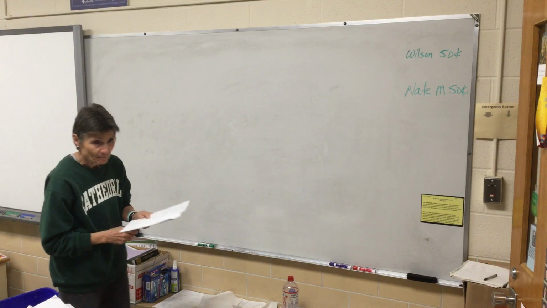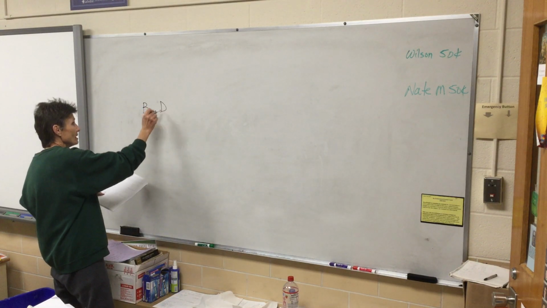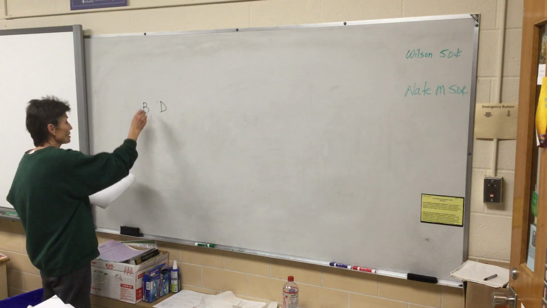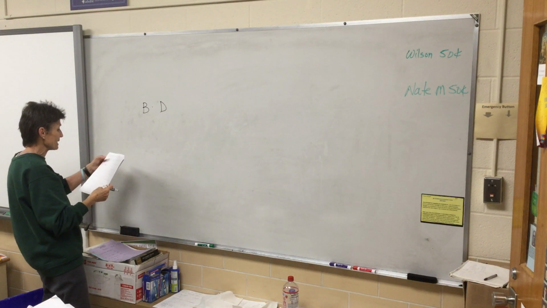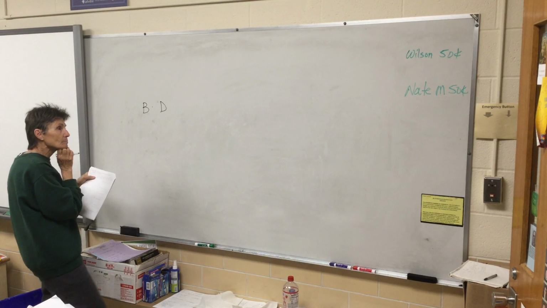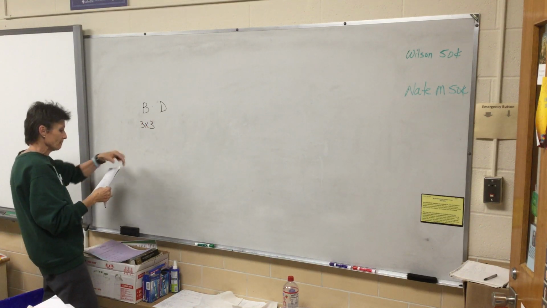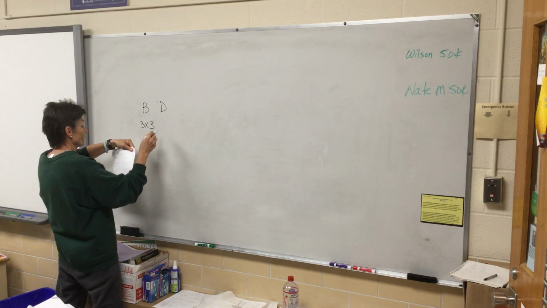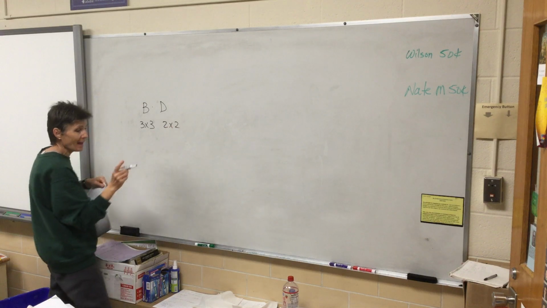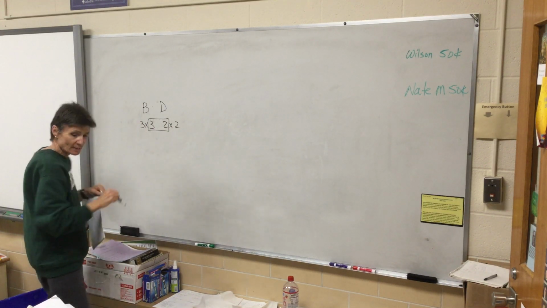How about E? E says we are multiplying B times D. Now before I write it all out, what are the dimensions of B? 3 by 3, perfect. What are the dimensions of D? 2 by 2. Okay, that's problematic because if I'm multiplying, don't those have to match?